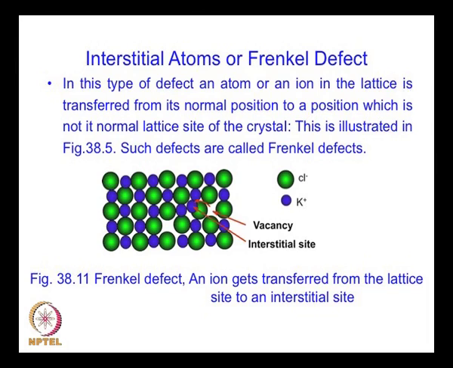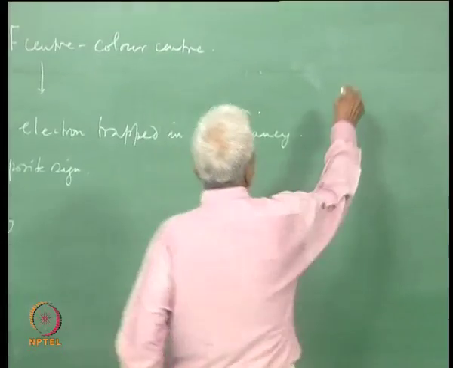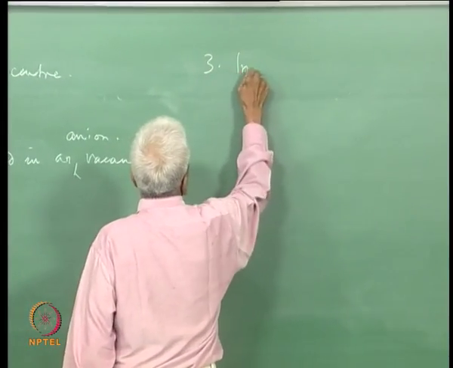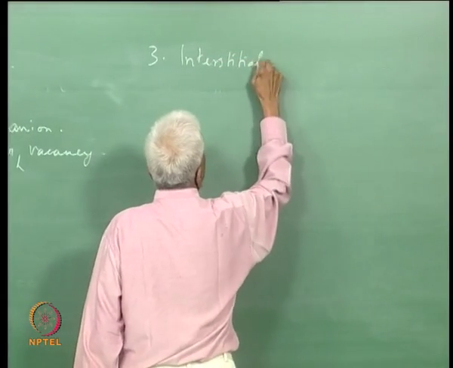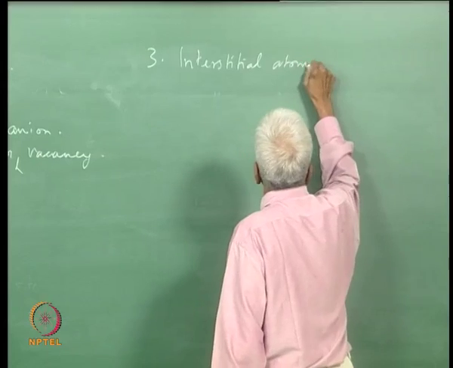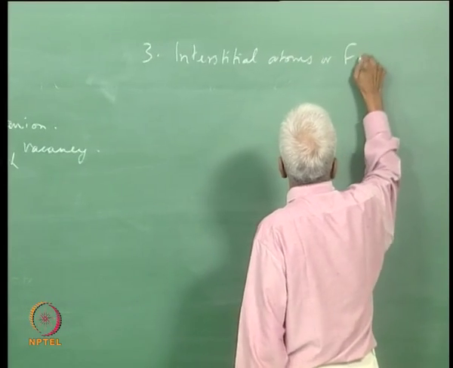For example, photochromic glasses which are used in spectacles, they are made using F centers. We now come to the third type known as the interstitial atom or Frenkel defects.